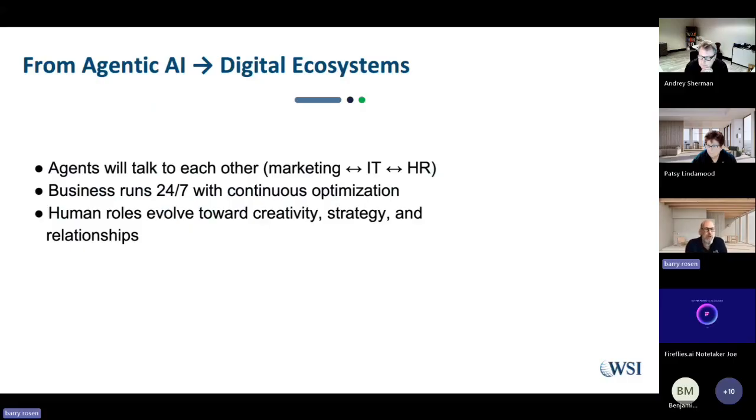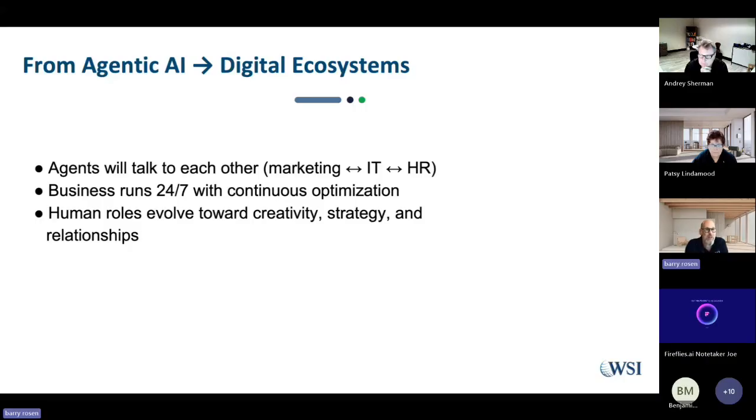What I think is really going to be interesting is when agents are talking to each other across silos and then across businesses. So think about this. If you could have an agent go and run a task on your behalf, would you ever go to a website and book an airline ticket again if you could have an agent that just did that for you?